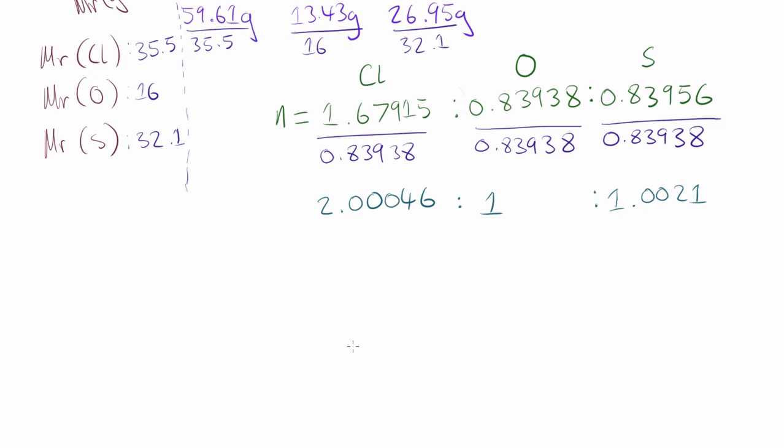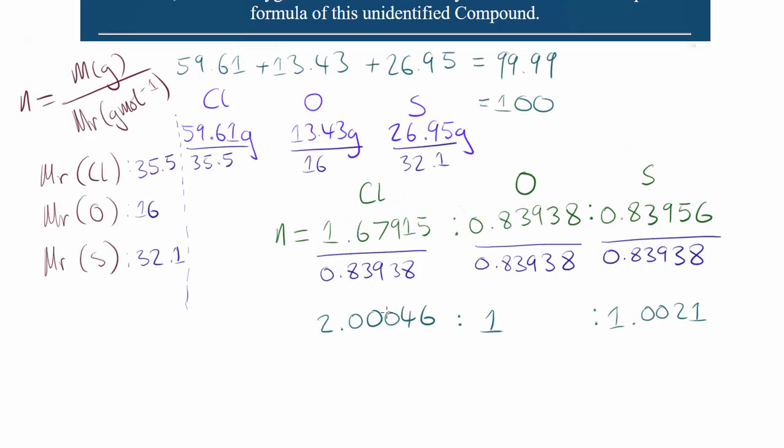And as we recall, we made an assumption at the start of this process that these values all added up to 100, even though mathematically speaking they add up to 99.99.